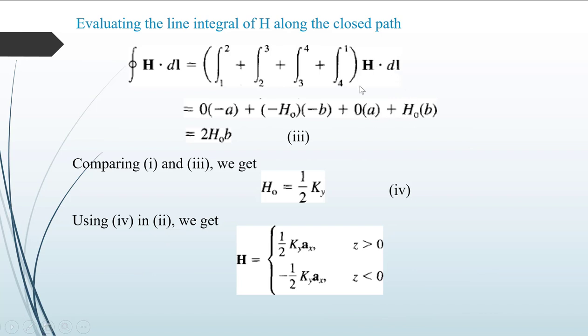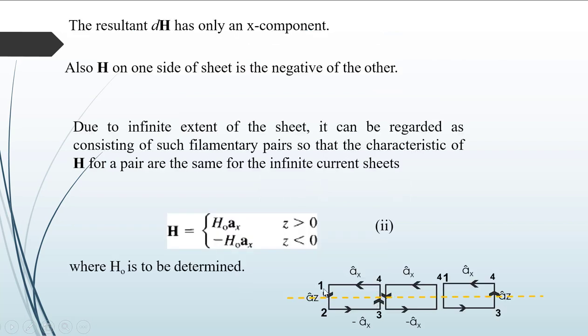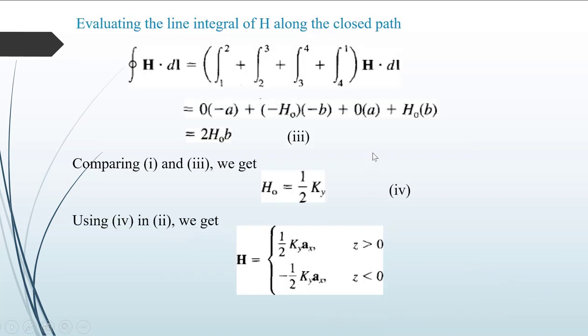Again from 4 to 1, there are plus x components, plus H naught into a_x components, so H naught, and the length of that dL path is b. So it is just H naught a_x into b into a_x, so it is just magnitude multiplication here. If I add all those things together, then 2 H naught b will come as the answer of the integral of H·dL.